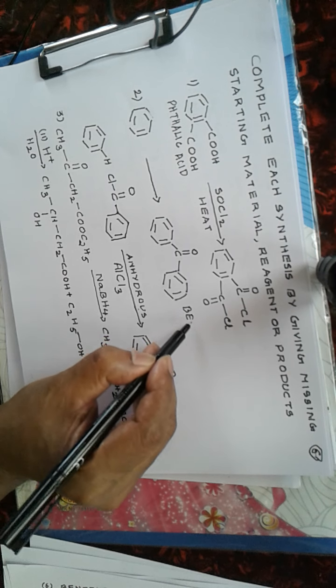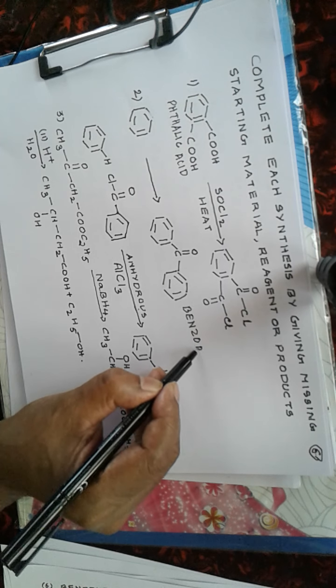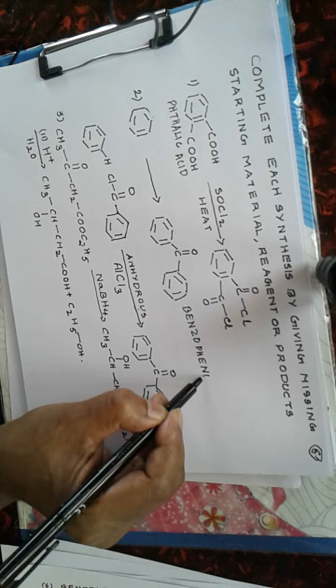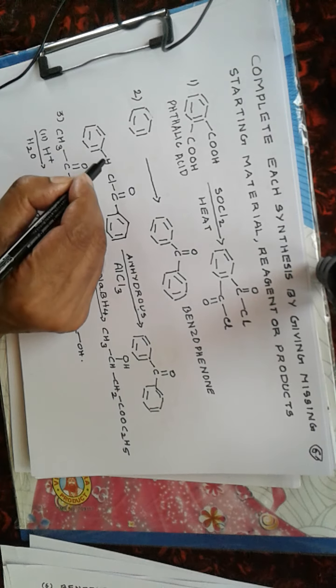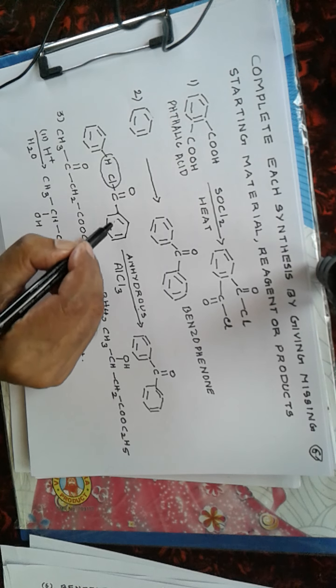Now how will you convert benzene to this compound, benzophenone. Now a Friedel-Crafts type reaction is used. HCl is removed like this. We use benzoyl chloride.